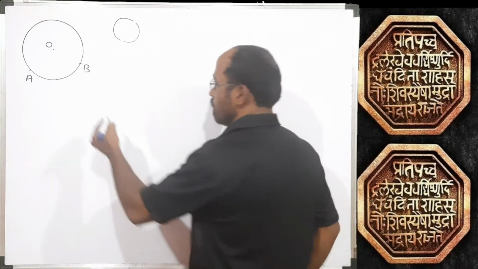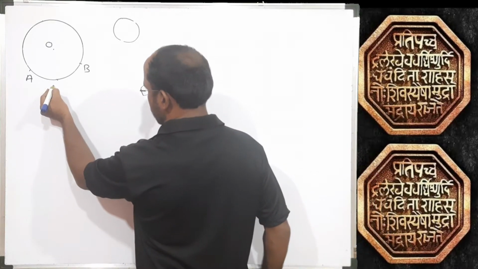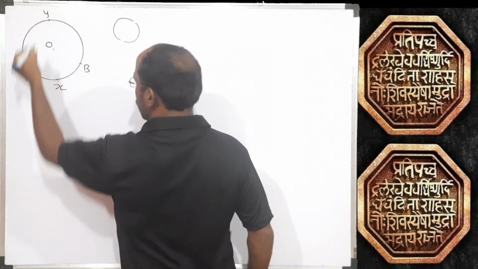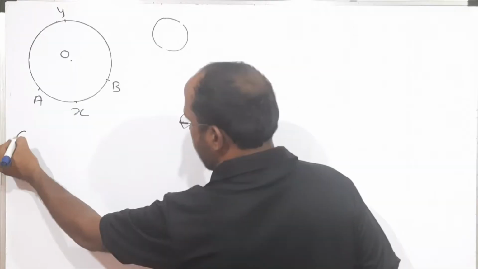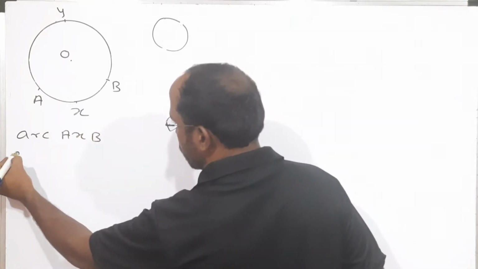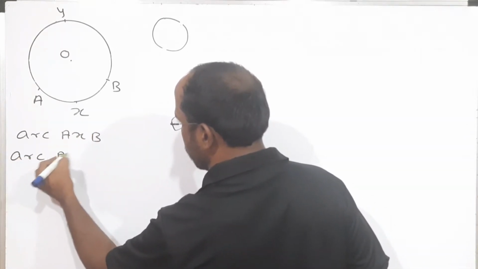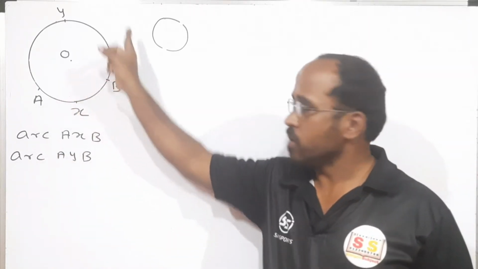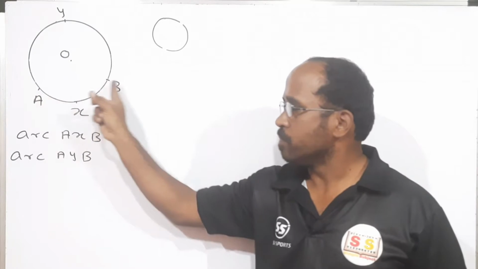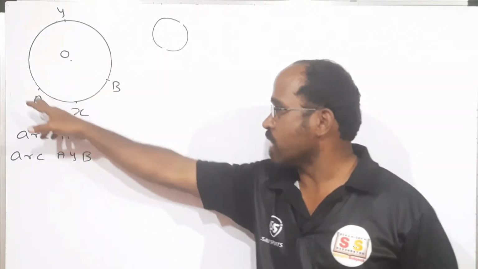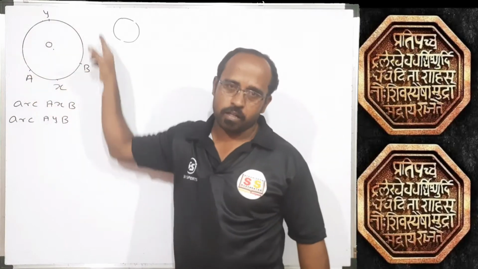For that there should be one middle point, any one point on this arc as well as on this arc. So now we can say this arc AXB is different from arc AYB. Clear? So this circle, because of points A and B, is divided into two arcs. This is arc AXB and this is arc AYB.